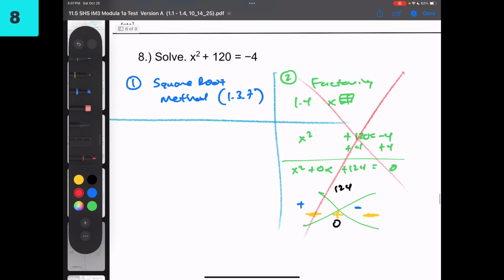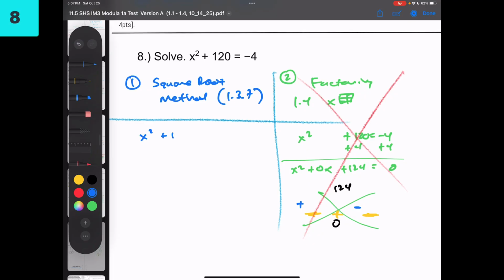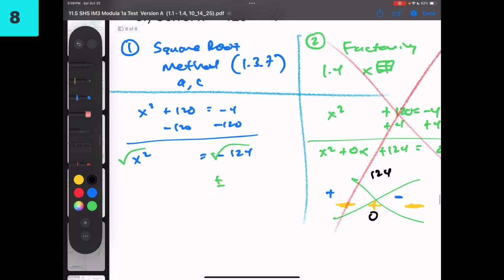Okay, in the square root method, basically this works when you have an a and c value, which we currently have. So subtract 120, x squared equals negative 124. X squared is isolated, so now I can take the square root. You have the plus or minus. Cancels. X equals, okay, this one's going to be negative 1.